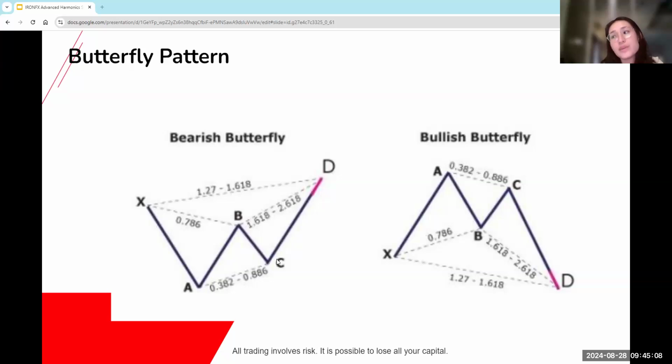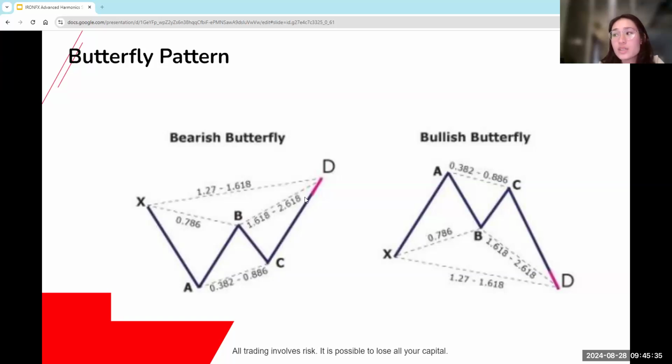So next is BC, and you would be looking at a 38.2 to 88.6 retracement on your XA, and your CD would just be, actually, these are levels greater than 100. So it'd be 161.8 to your 261.8 level.